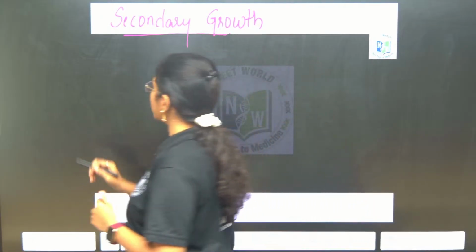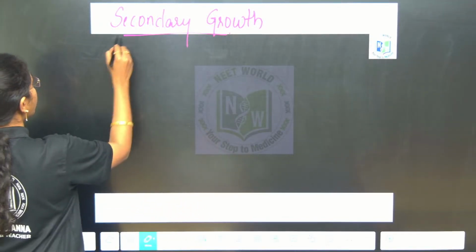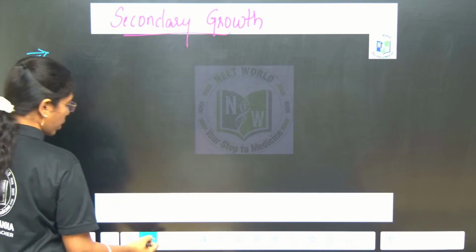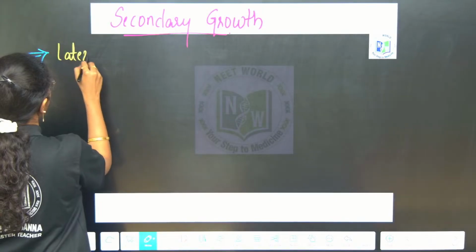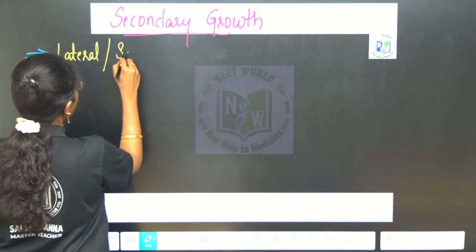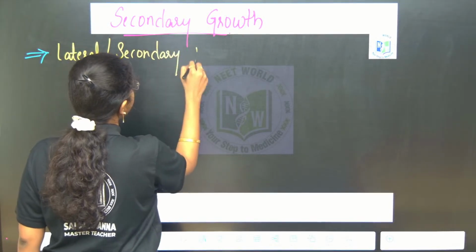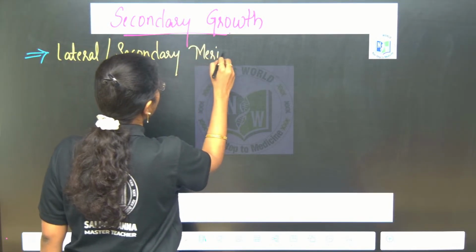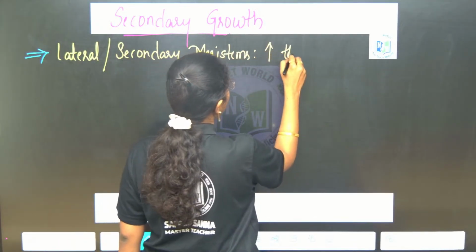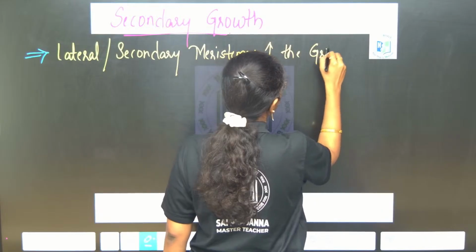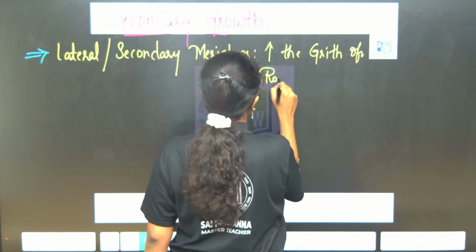It is because of lateral meristems. Lateral or secondary meristems will increase the girth of the plant, girth of root and shoot.